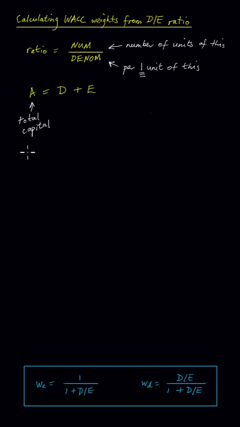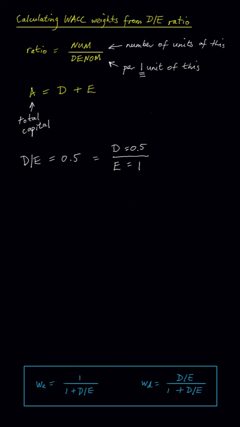If we take the example of a debt-equity ratio of 0.5 and apply the principles that we have just addressed, we know that the DE ratio of 0.5 is in fact debt divided by equity, and that there are 0.5 units of debt for every 1 unit of equity.